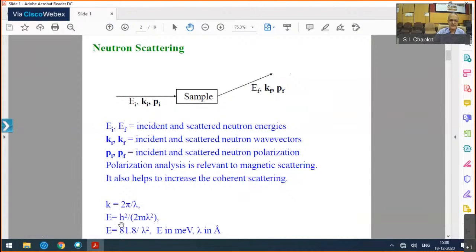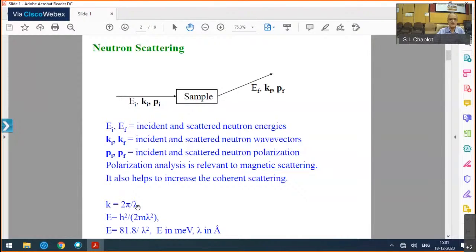You need to know that the wave vector is 2 pi by lambda. The neutron energy is simply like for a classical particle, because these energies are quite low, and the velocities of these neutrons are pretty small.